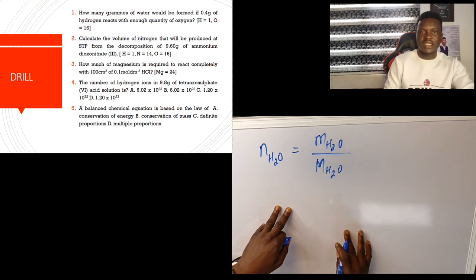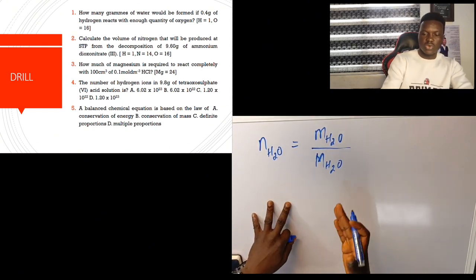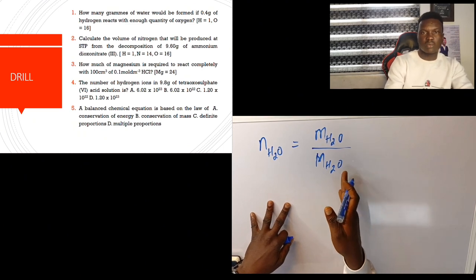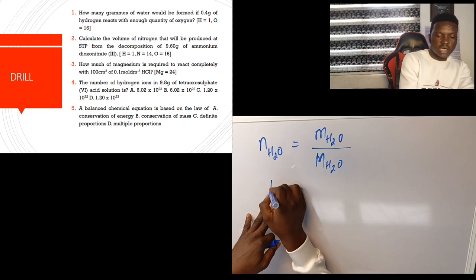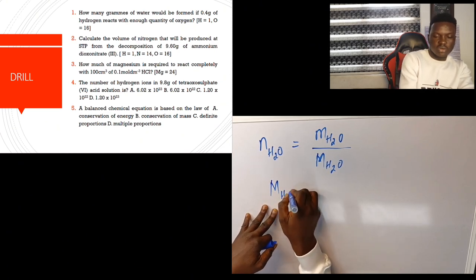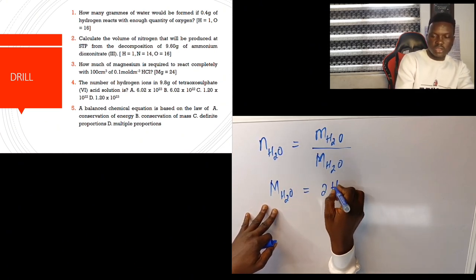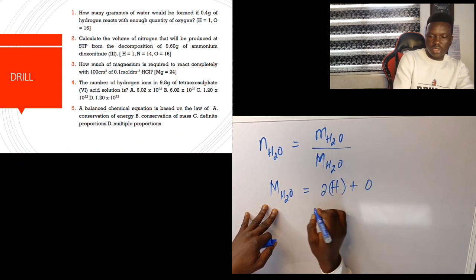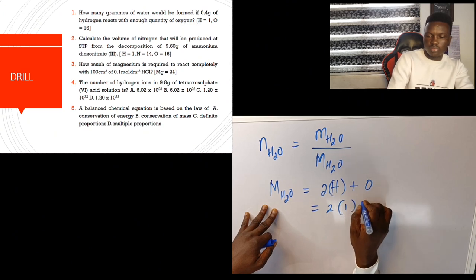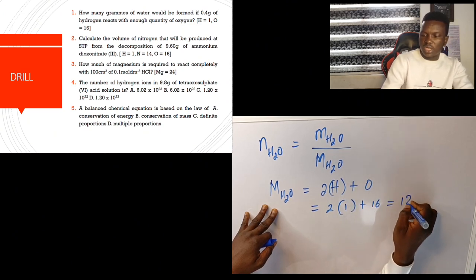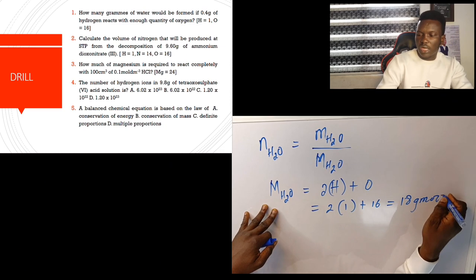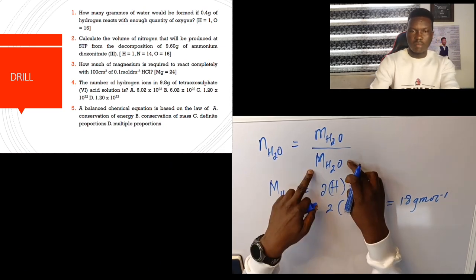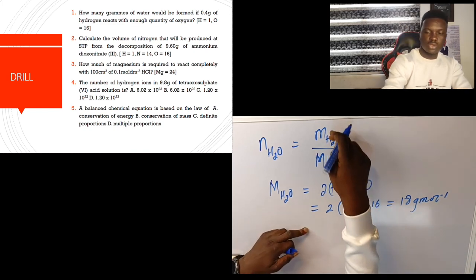Now, from the last episodes that we've been doing, we actually learned how to calculate molar mass. So how do you calculate the molar mass of water? You already know. You have 2 hydrogen and you have 1 oxygen. So that is going to be 2 into 1 plus 16. And that is going to be 18 grams per mole for the molar mass. So now you know the molar mass. What's the next thing? You want to calculate mass.